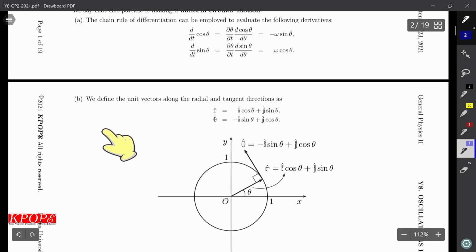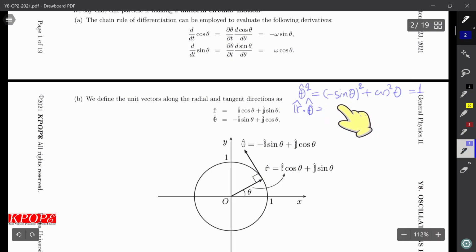Theta hat squared is minus sine theta squared plus cosine squared, so it is 1. So this is a unit vector.